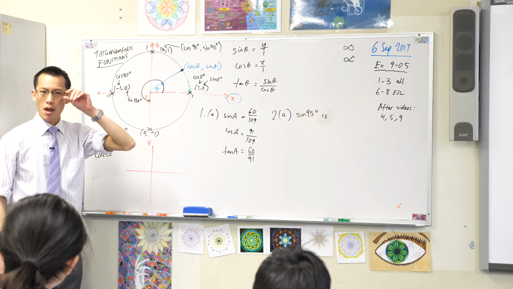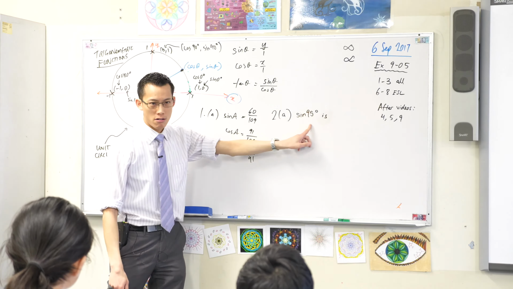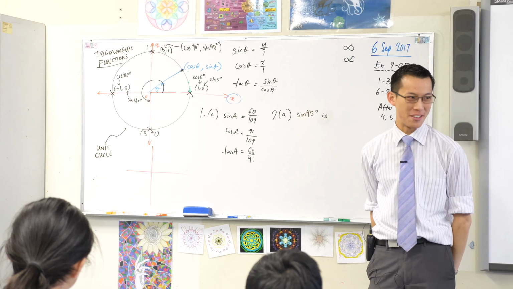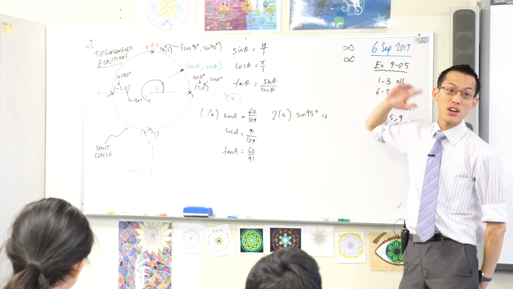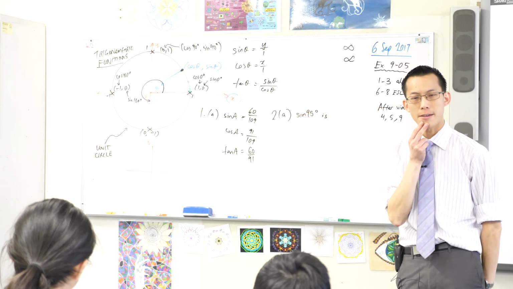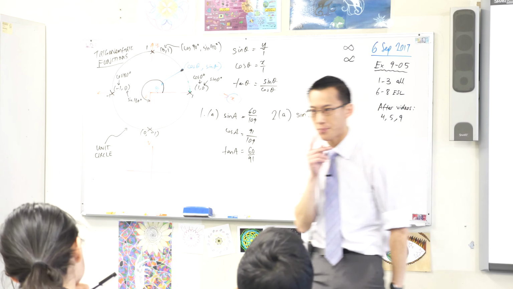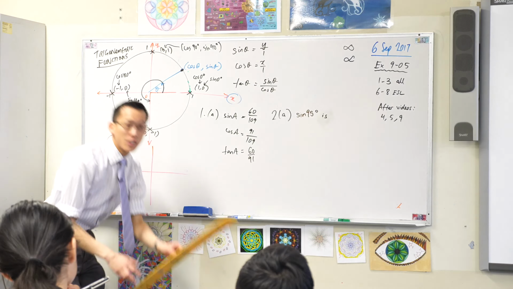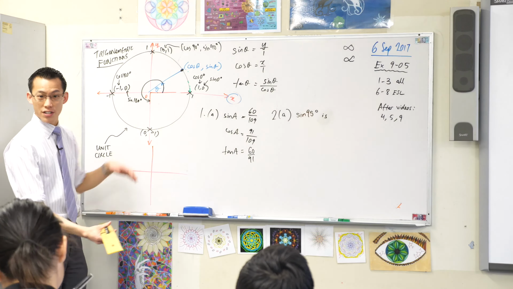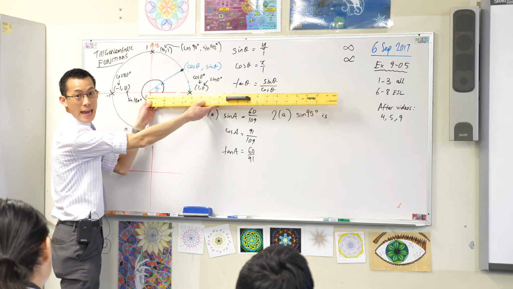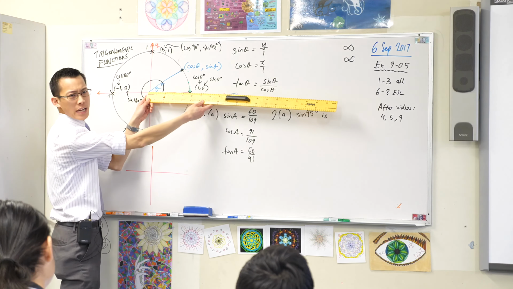Think about this angle now, 95 degrees. It can't be in a triangle that's right angled, but it can be on the unit circle. Where would 95 degrees be? I'm going to start, like my definition says, from the positive x-axis, here it is, and then rotate 95 degrees, rotating anti-clockwise.